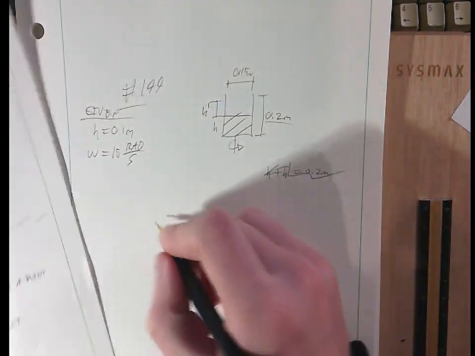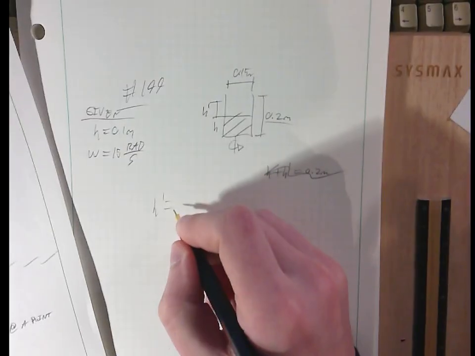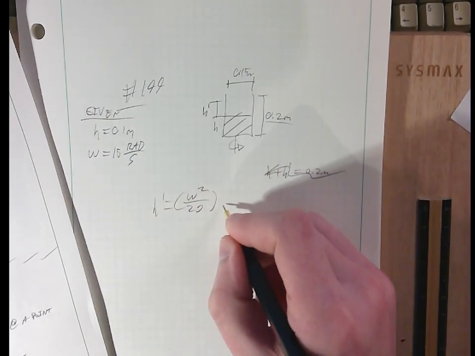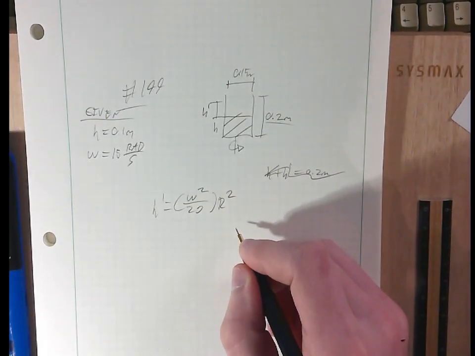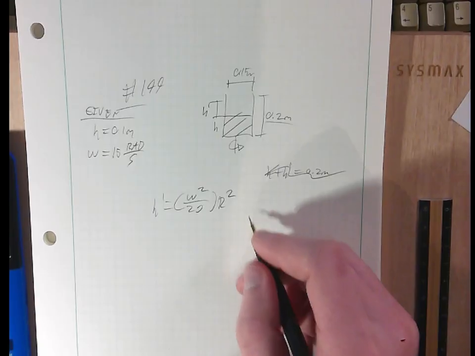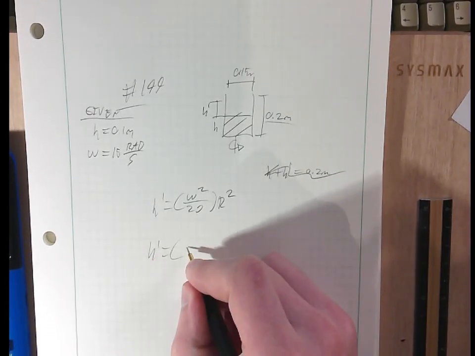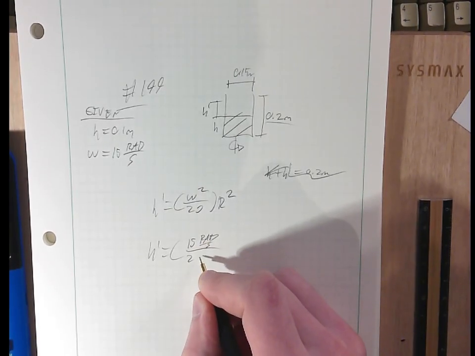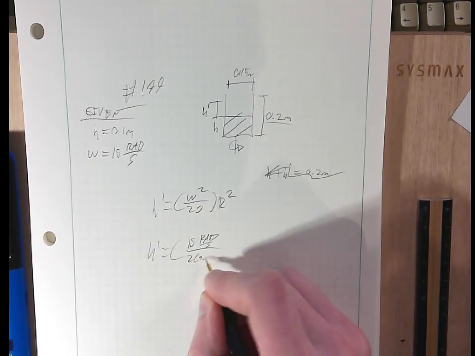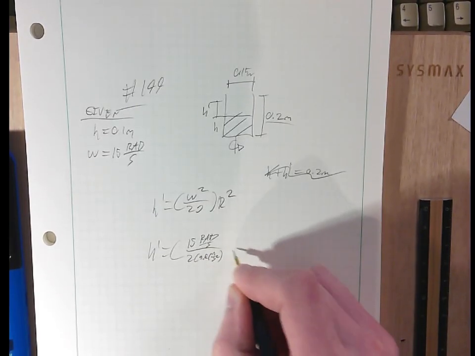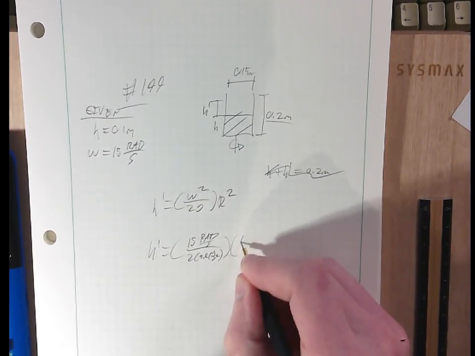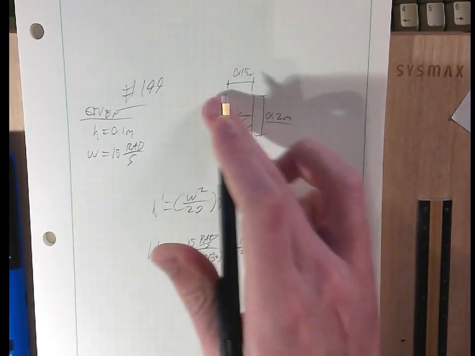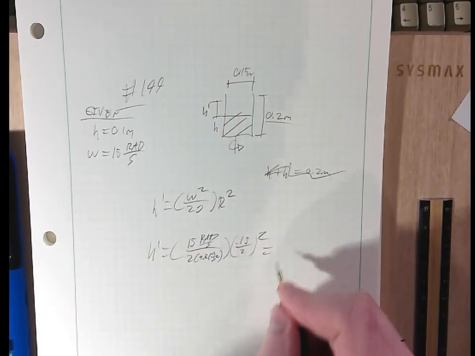We know that h prime is equal to omega squared over 2g times r squared. So h prime is equal to our 15 rad per second over 2 times 9.81 meters per second squared times our 15 over 2 meters going from diameter to radius squared.